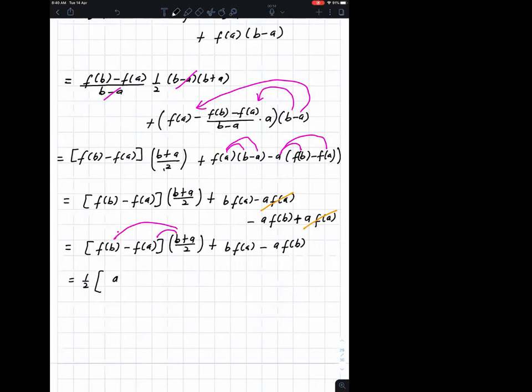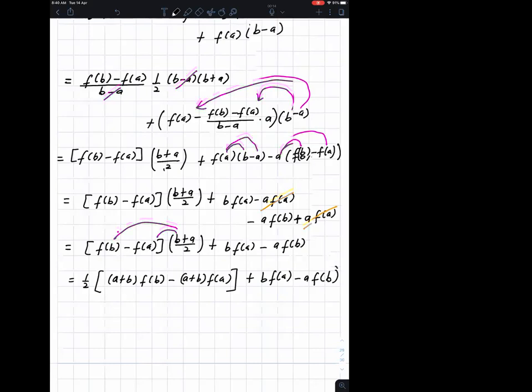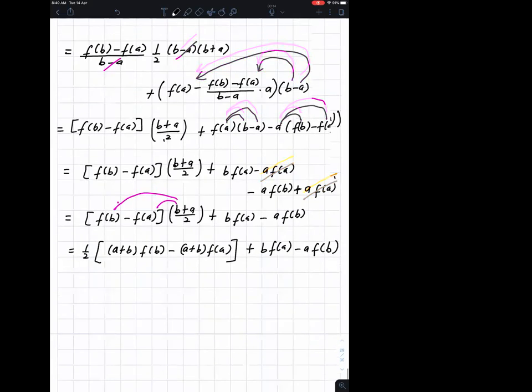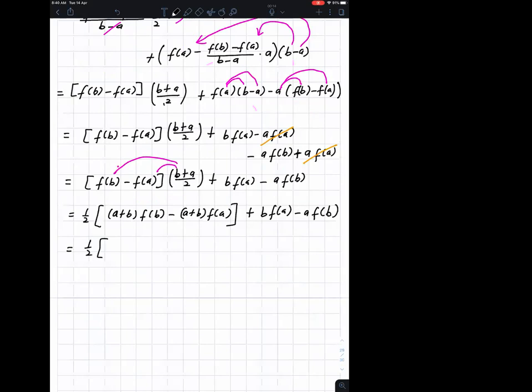So FB A plus B, FB minus A plus B, or B plus A, or whatever, A plus B minus FA plus FB, FA. AFB plus B FB minus AFA minus B.